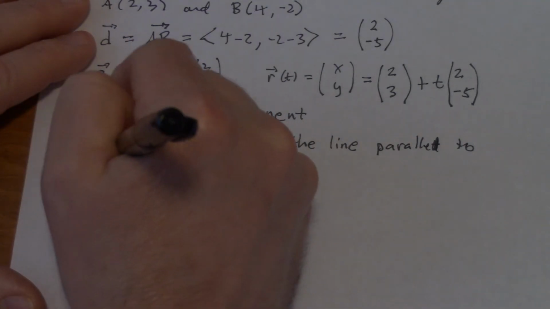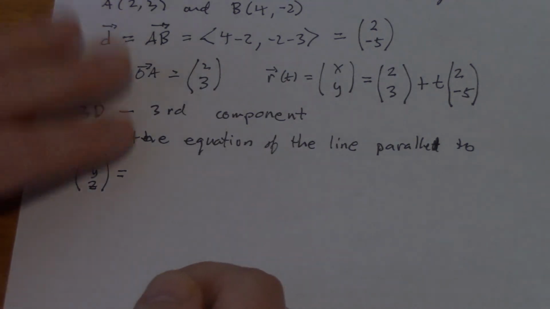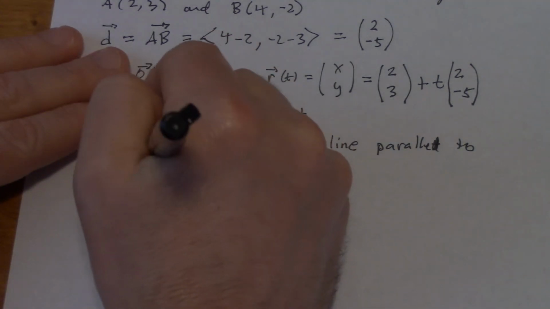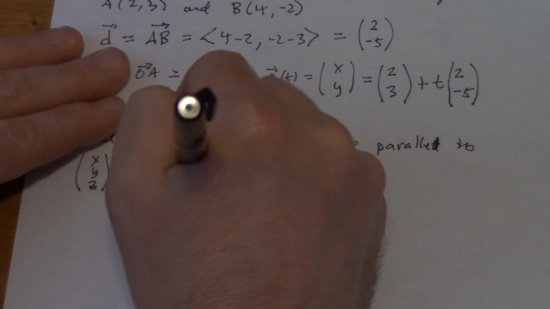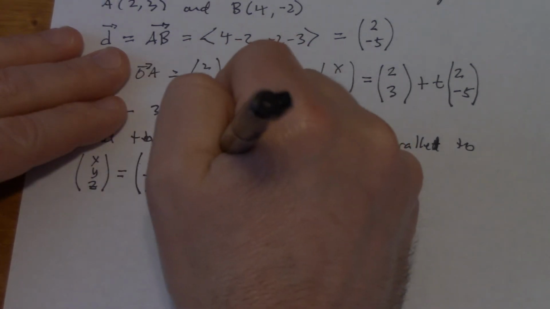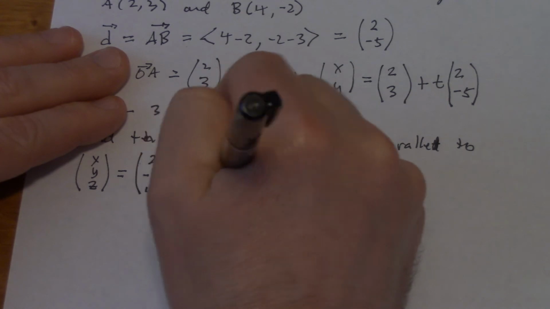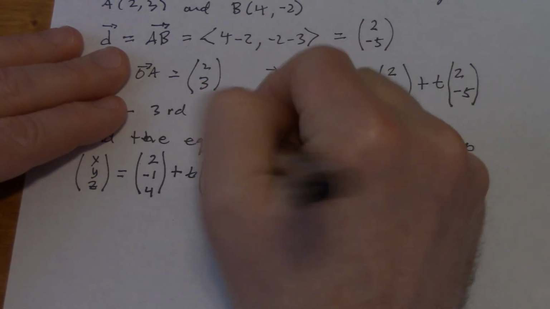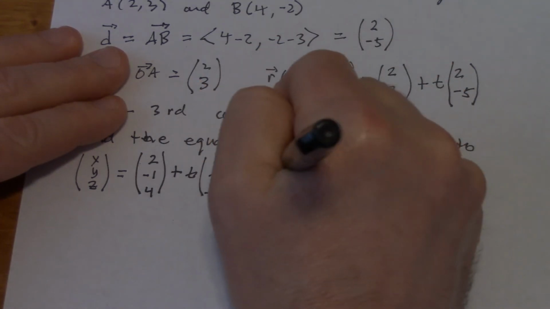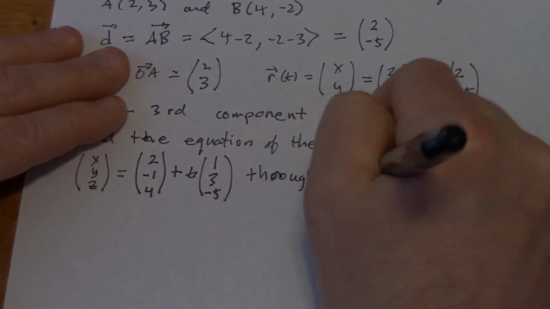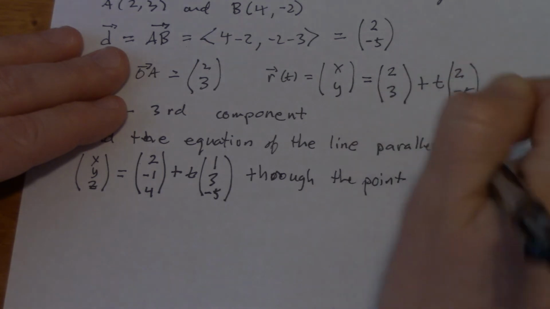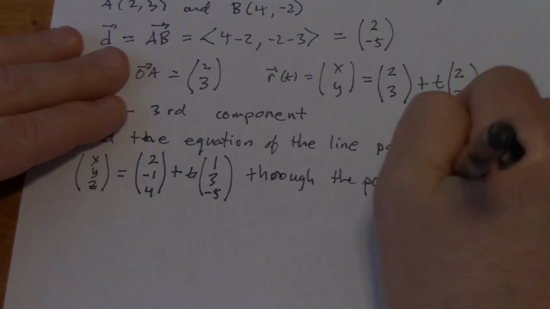This is a 3D example, so (x, y, z) equals (2, -1, 4) plus t times (1, 3, -5). And what else do we have to know? We have to know a point on the line. So through the point (5, 7, 9).